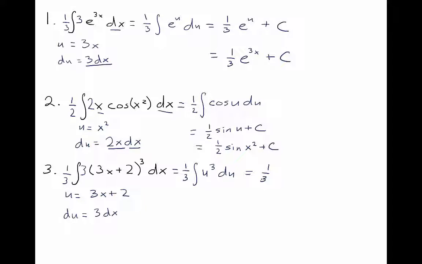So we have 1/3 times u to the 4th over 4 plus c. So we get the 3 times 4, we get the 1/12th, u to the 4th, that's 3x plus 2 to the 4th power plus c. I know writing the c's feels kind of pointless, but it will matter when we get to a real physical situation with initial conditions. We'll get there.